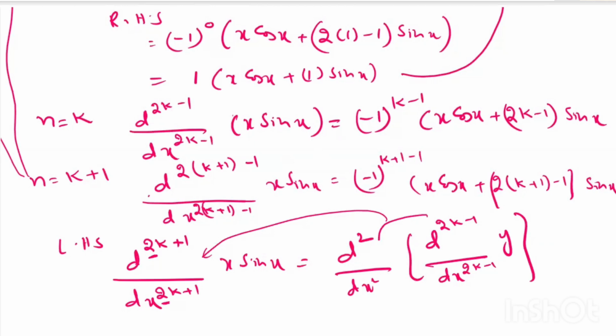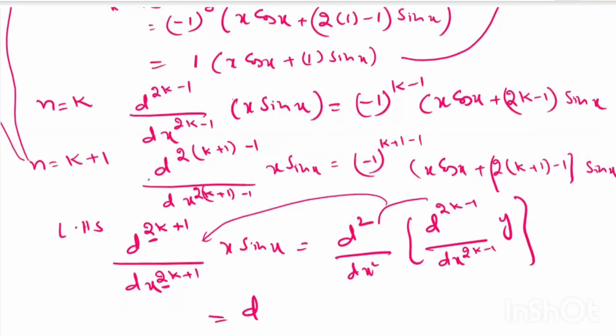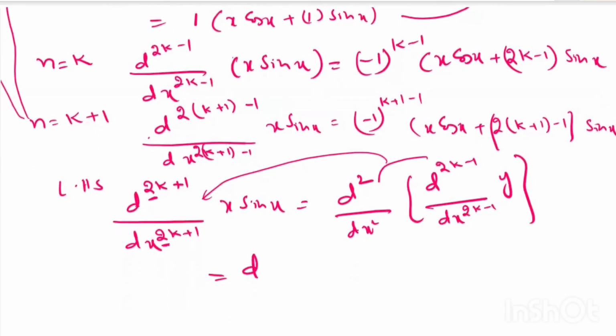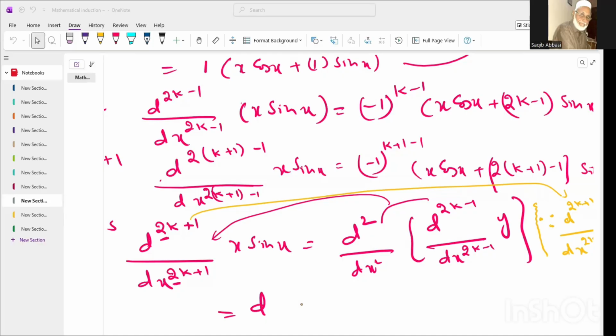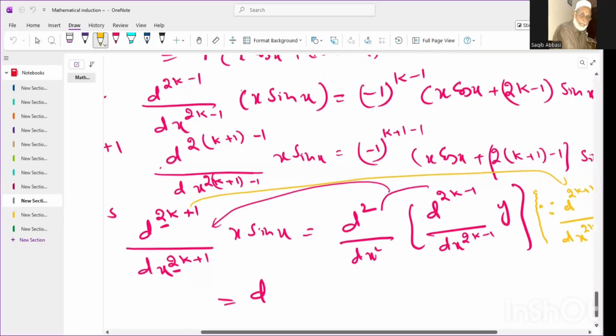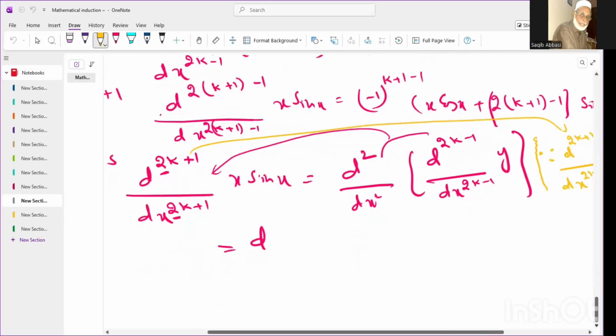Further, we will solve it with d^2/dx^2. What is the value of 2k minus 1?